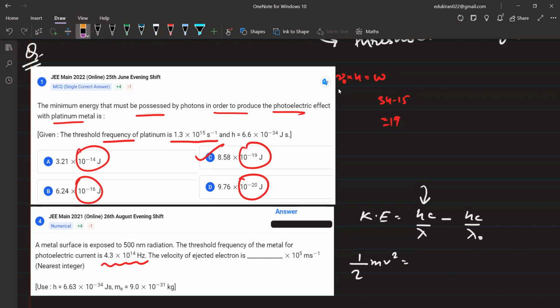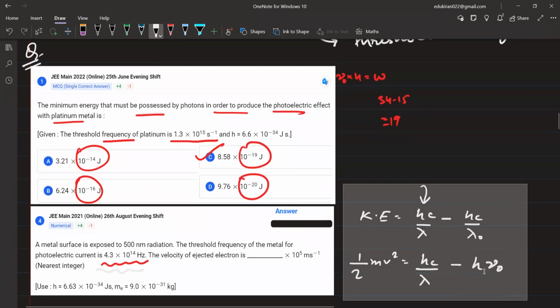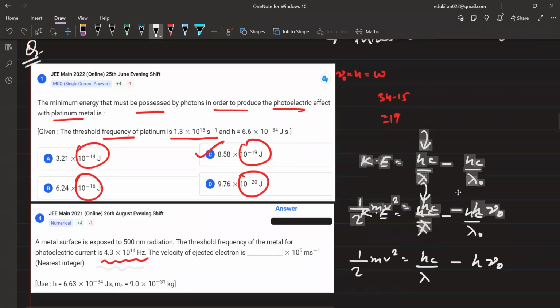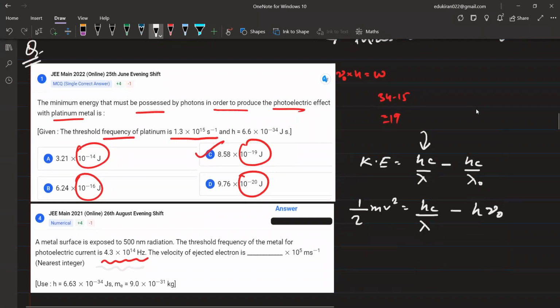Take hc common here, and they have not given lambda naught. What is given here? hc upon lambda minus h nu naught is given, right? This is the frequency. How did you know it is a frequency? They said threshold frequency, right?